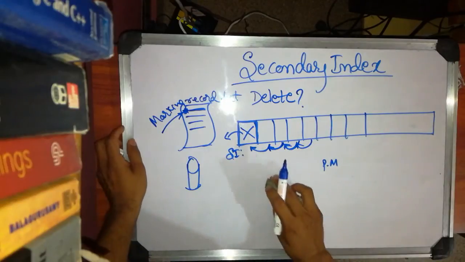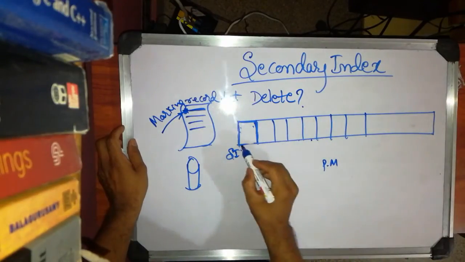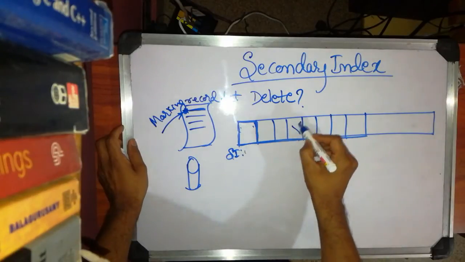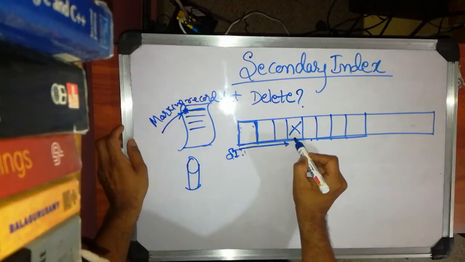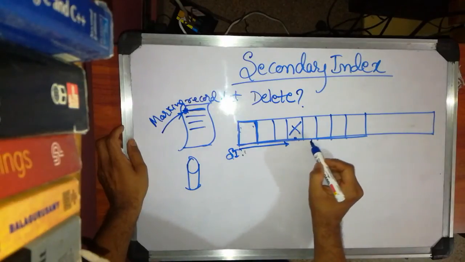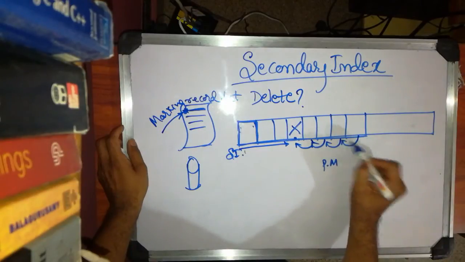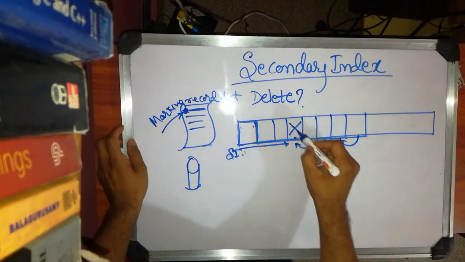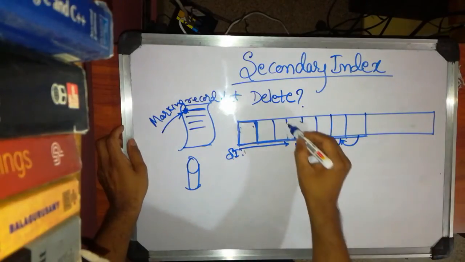If that is not the case, and say we have deleted some other entry somewhere else in the index, for example this one, we go to that particular entry in the secondary index and then start shifting every other entry in the index one step ahead. So we overwrite whatever was there, and then we have deleted that particular entry.